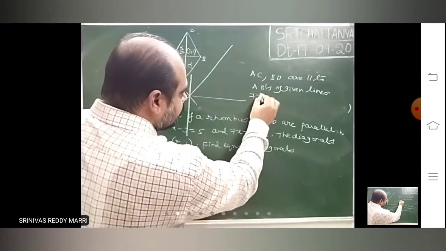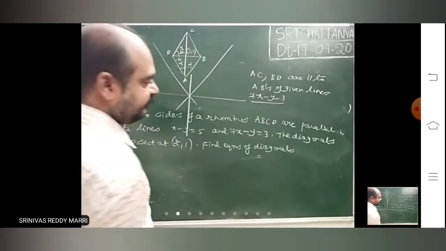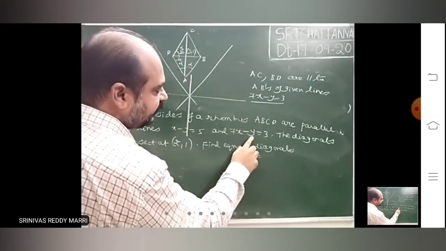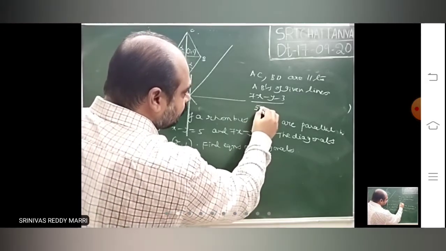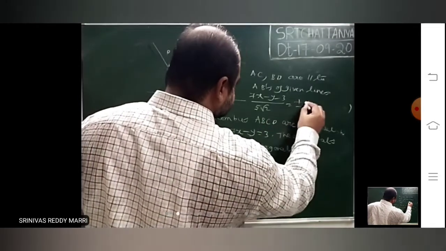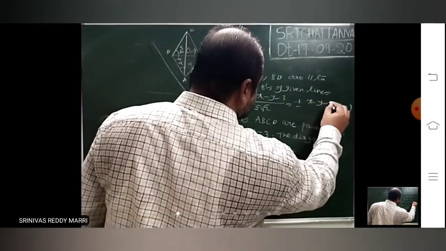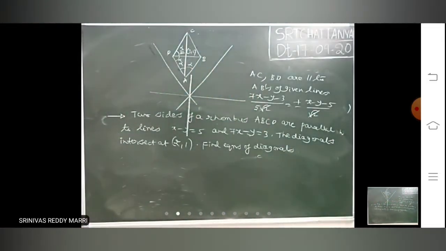I am writing: 7x minus y minus 3 divided by root 50, root of 49 plus 1, which is root 50, that means 5 root 2, equals plus or minus, divided by root 2. Find the angular bisectors and find the slopes.